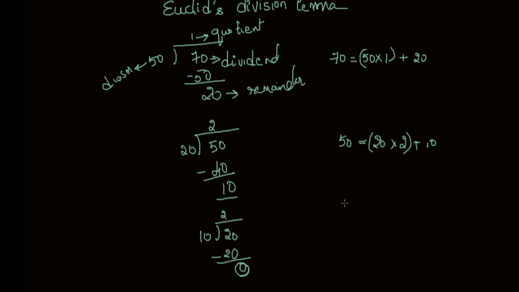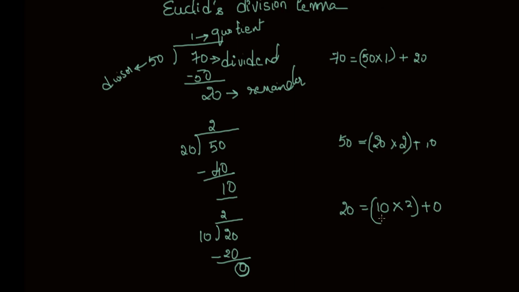So now we can write the equation as 20 equals 10 into 2 plus 0. Now this number is the final divisor which would give us the remainder as 0.